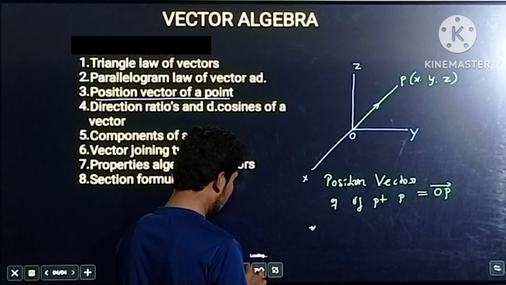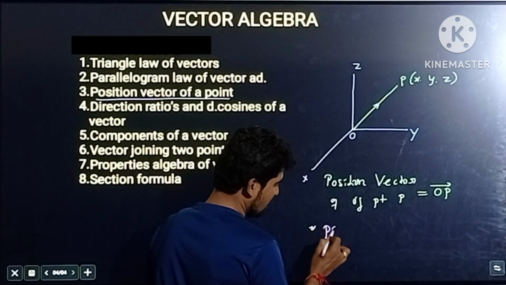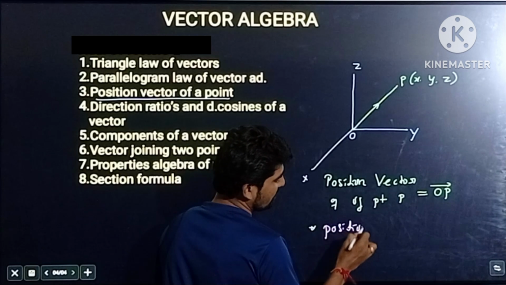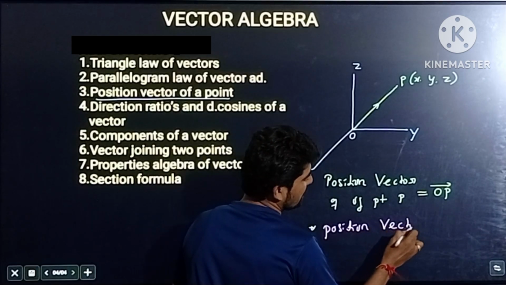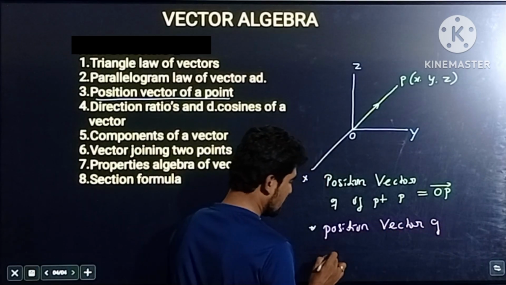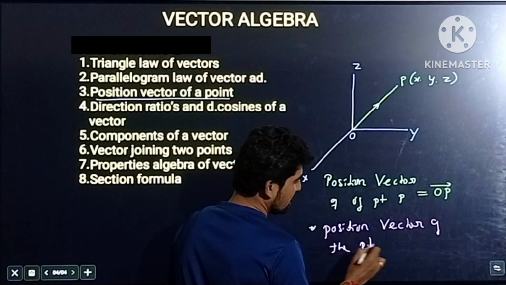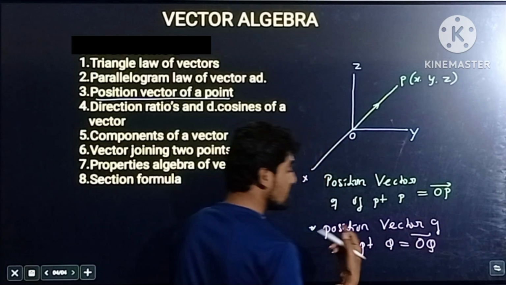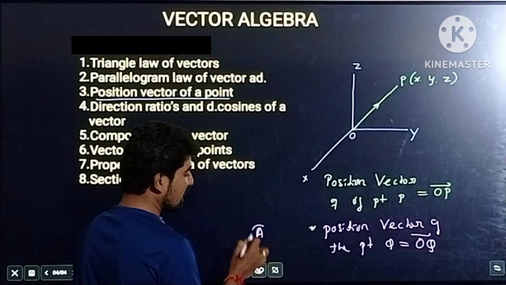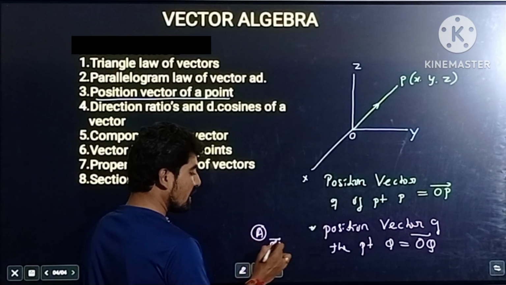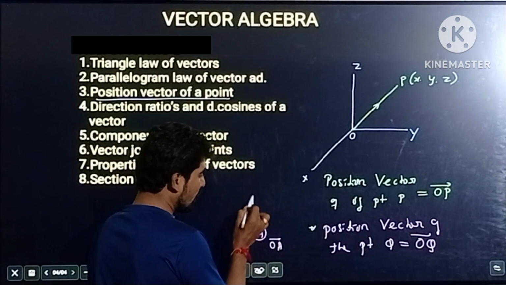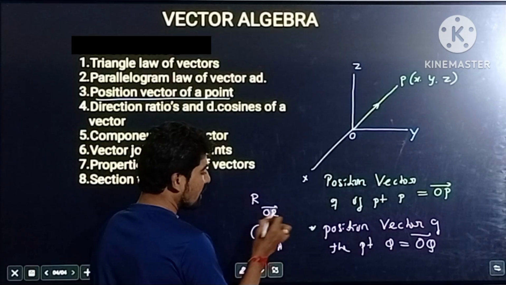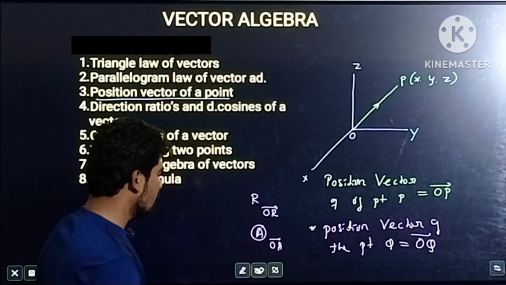Similarly, the position vector of the point Q is definitely the OQ vector. Similarly, the position vector of the point A is the OA vector, and similarly the position vector of the point R is the OR vector. I hope all of you understood.